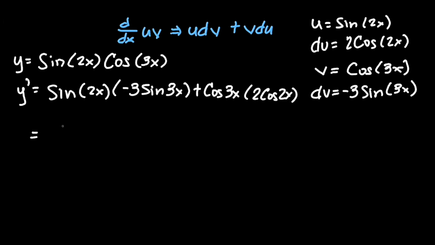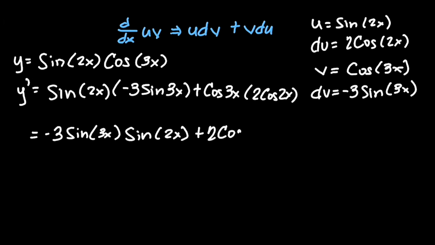Simplify this and you will get negative 3 sine of 3x multiplied by sine of 2x plus 2 cosine of 2x multiplied by cosine of 3x.